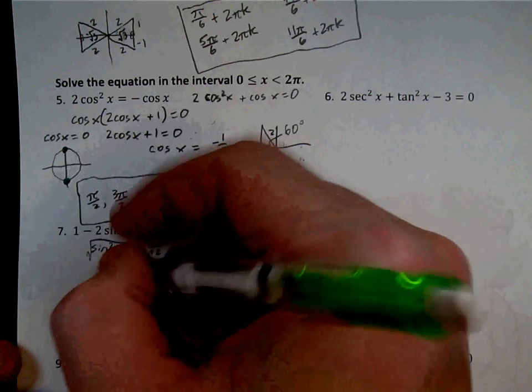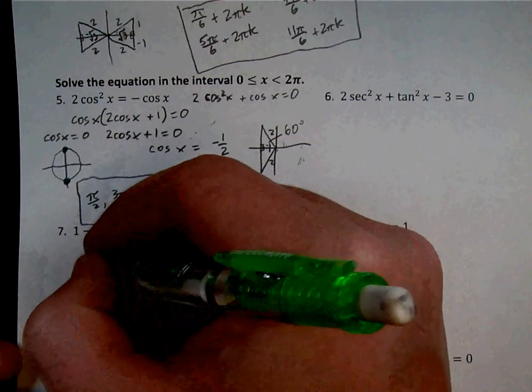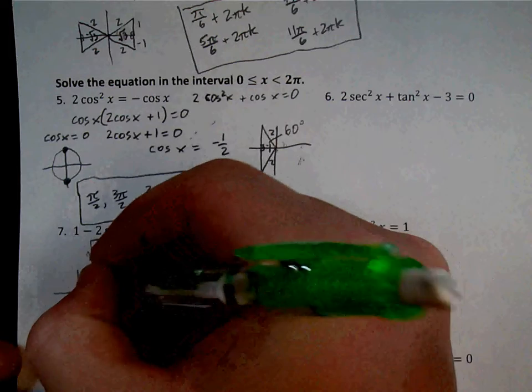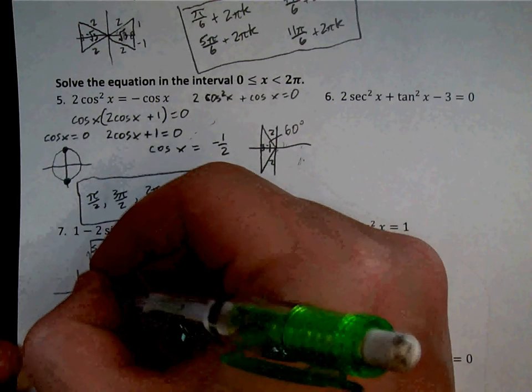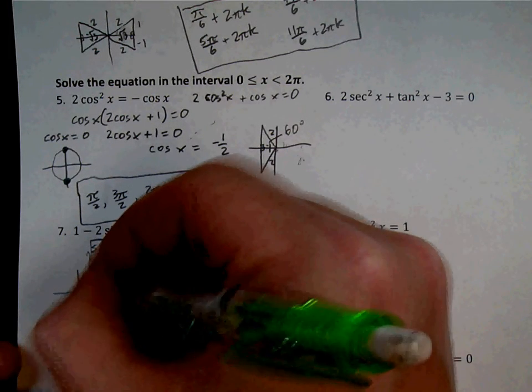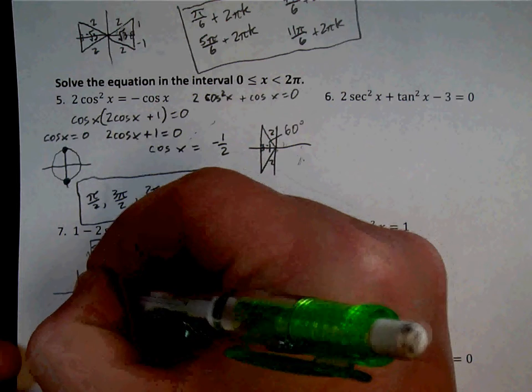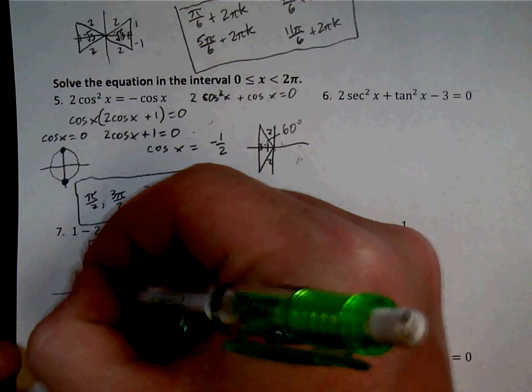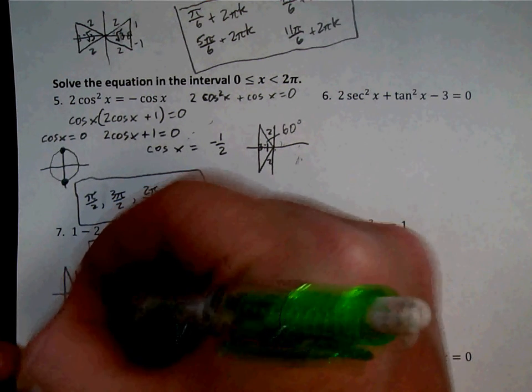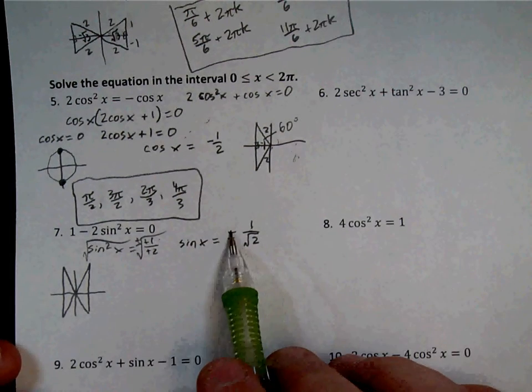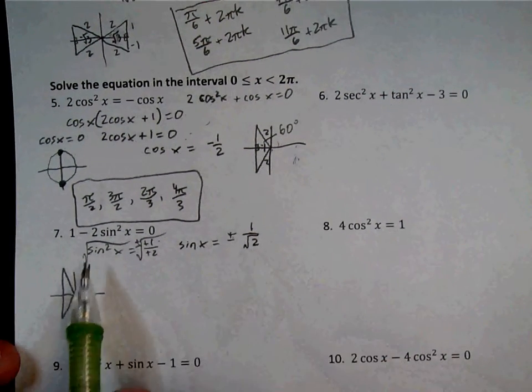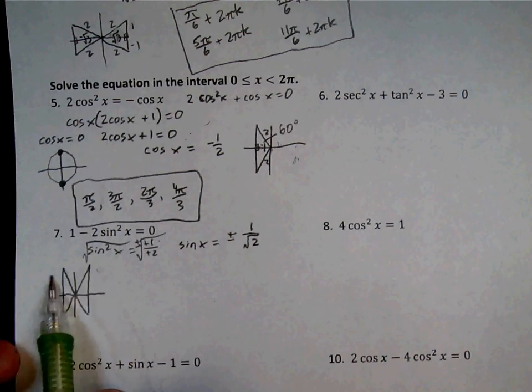Since it's a plus minus, we're going to look at all 4 quadrants again. The reason I have all 4 quadrants is because positive sine's positive in quadrants 1 and 2.